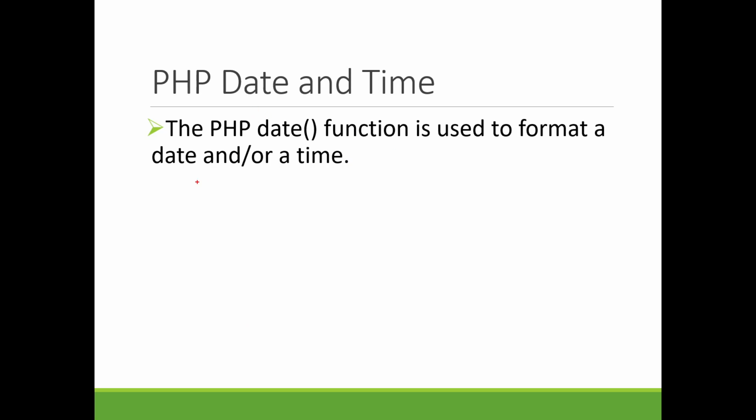So the PHP date function is really used to format either the date and or the time. And most systems require that you use the date or the time at one point or another. For example, in the system that you're building, the voting management system, so far we used a timestamp when someone was registering to vie for a particular position.